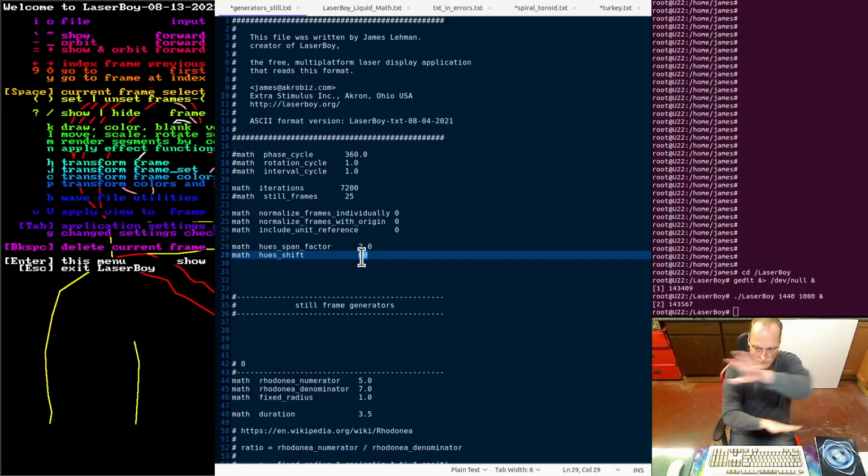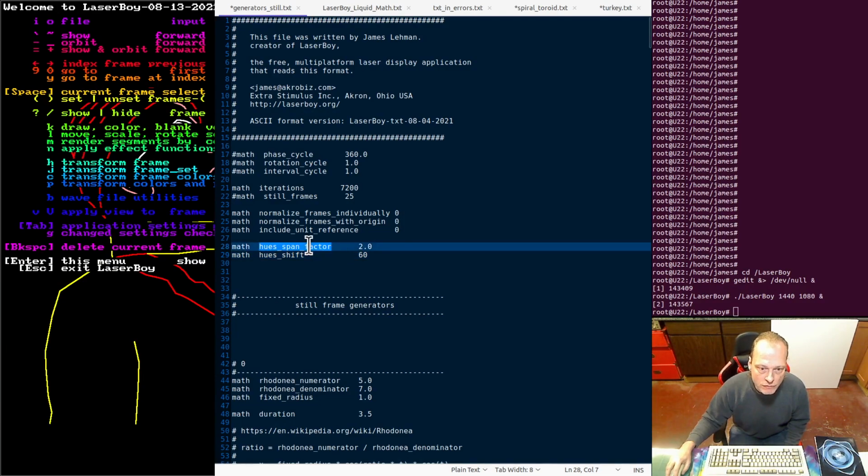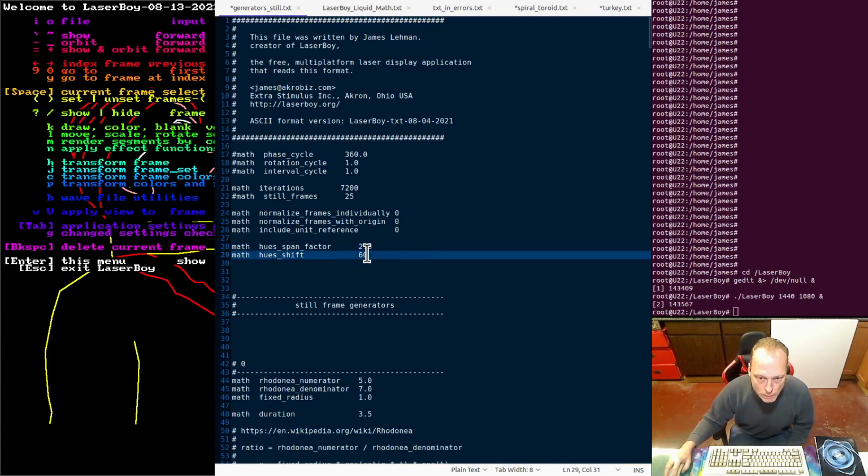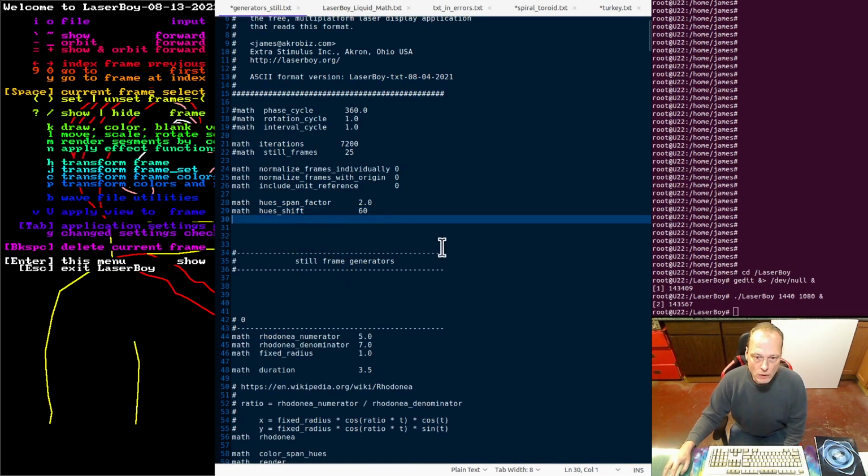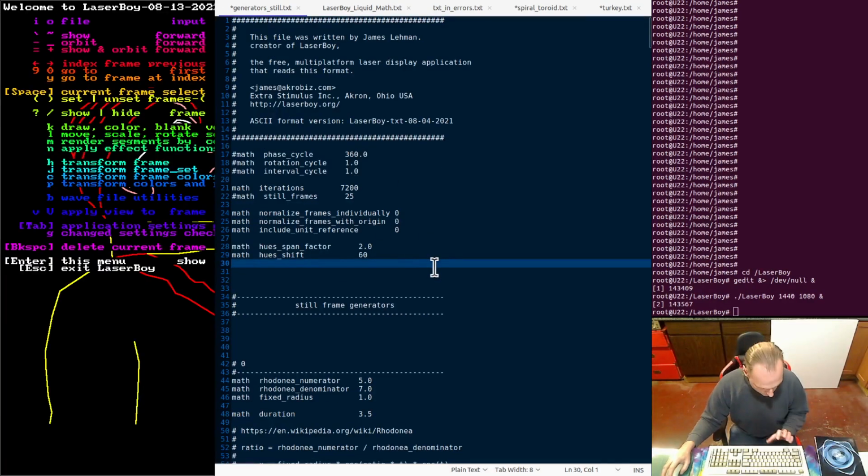So it makes the palette cycle through the vertices in a frame, and this would be moving at 60 palette locations per frame out of the whole palette of 1,530 different versions or variations of hue. Okay, so let's go ahead and render this.